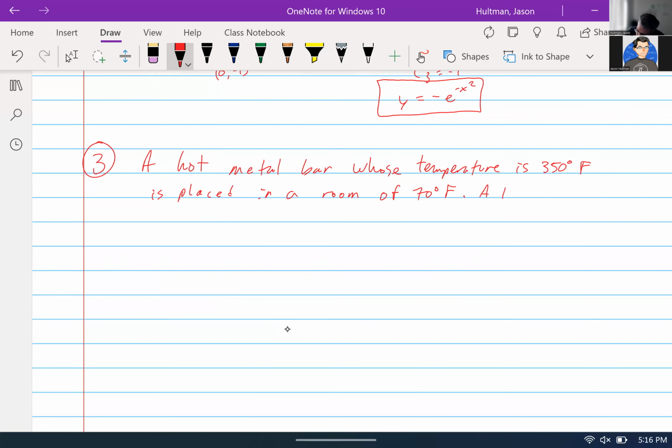And after 2 minutes, the temperature of the bar is 210 degrees Fahrenheit.